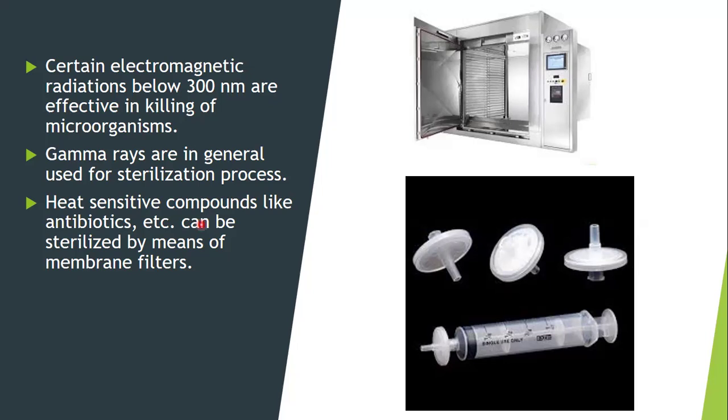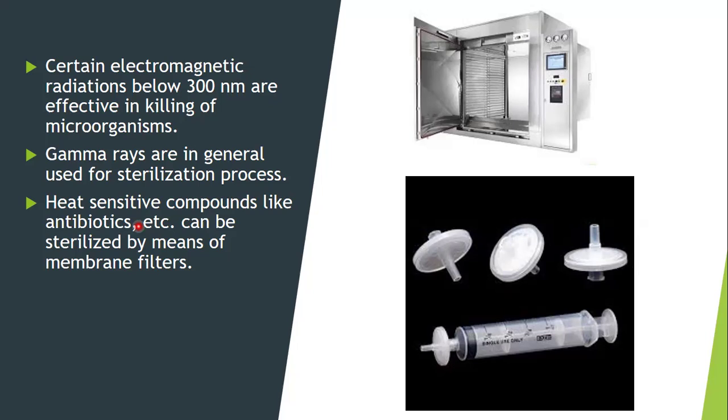Heat-sensitive compounds like antibiotics can be sterilized by means of membrane filters. Heat-sensitive antibiotics as well as hormones, and all such volatile compounds, may be degraded by moist heat or high temperature in an autoclave.